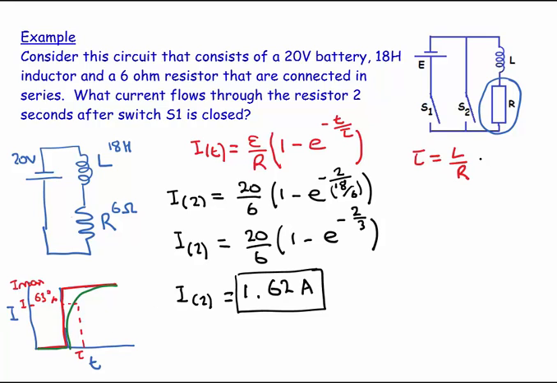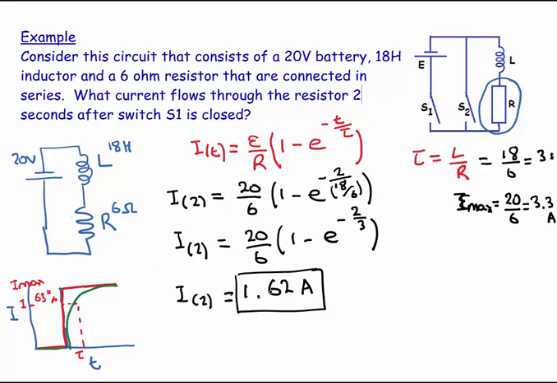Let's get a feel for this. My time constant equals 18 over 6, which equals 3 seconds. So at 3 seconds, I should have reached 63% of my maximum value. My maximum value, Imax, equals 20 over 6, my EMF over R, which equals 3.3 amps.